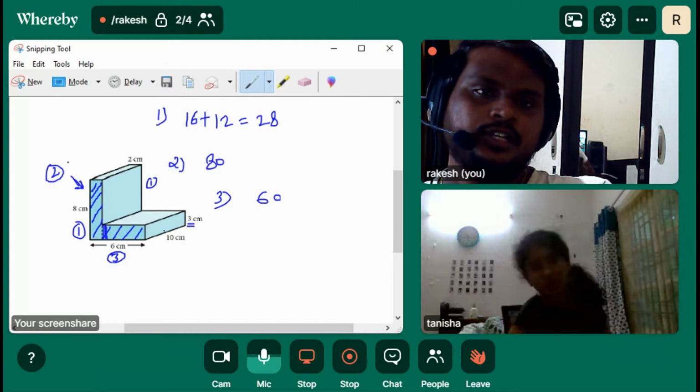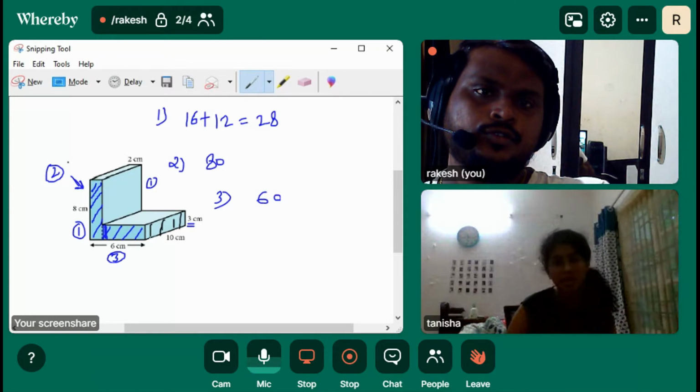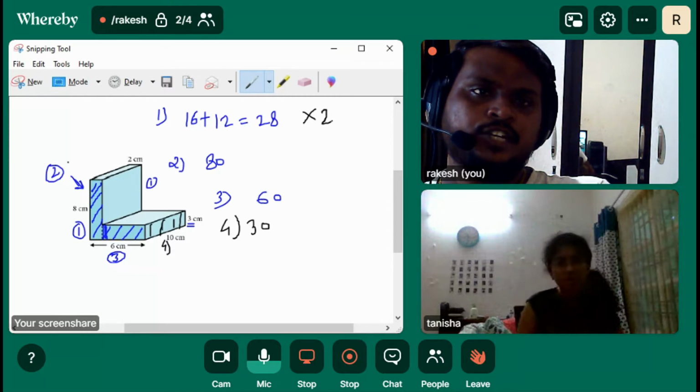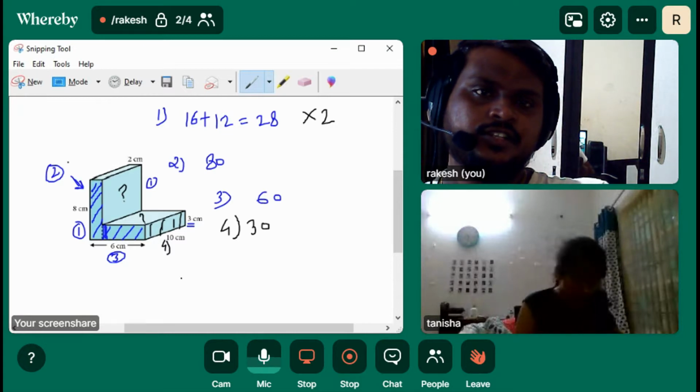And what about this area? Let me put that as 4. So that is 10 into 3, 30. And mind this, we have to multiply this by 2 while calculating. Now the only areas left are this and this.